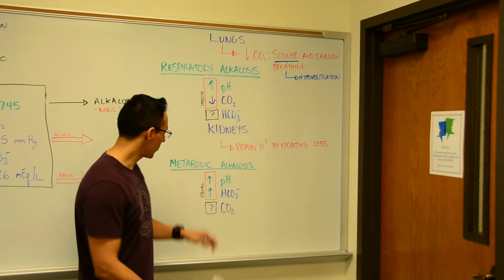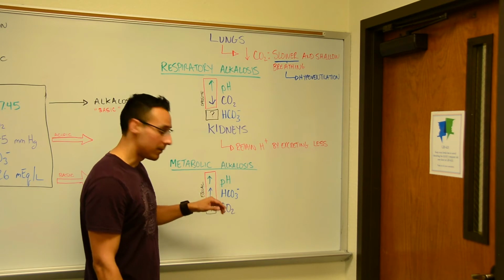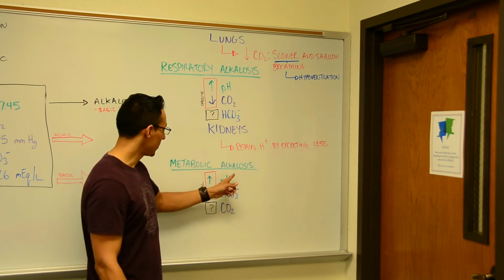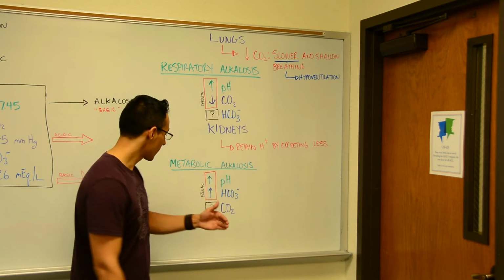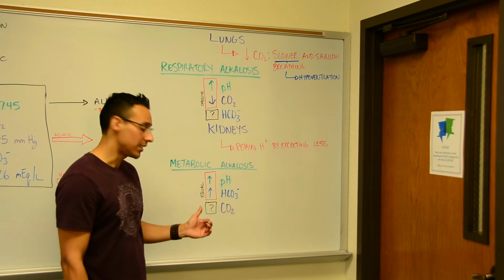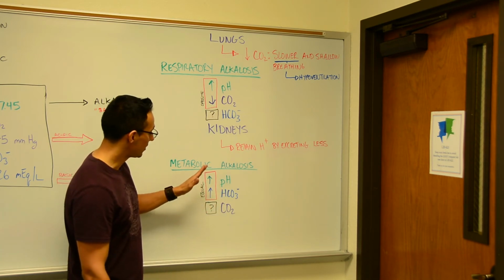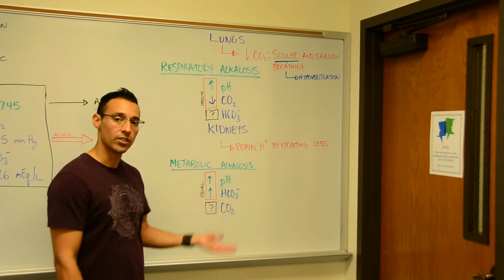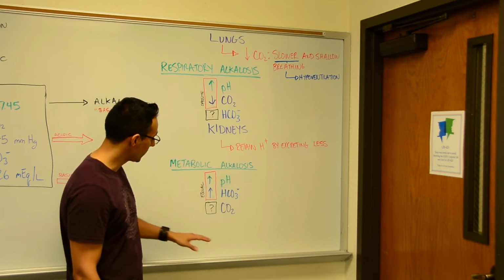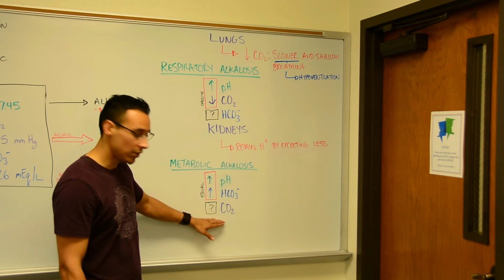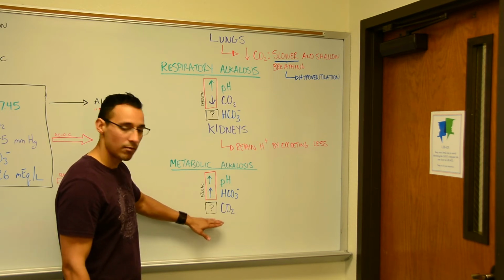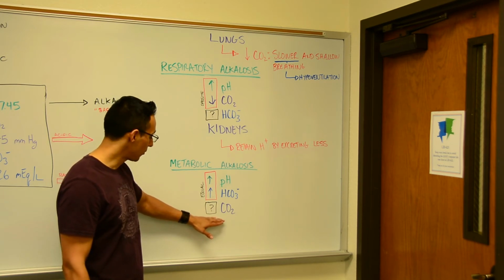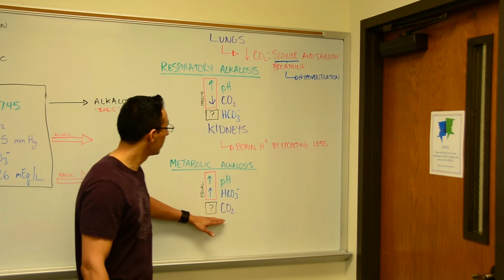So for your pH, on metabolic alkalosis, you're going to have an increase in pH. You're also going to have an increase in your bicarb because metabolic is equal, and these two arrows are going to go up. They're going the same direction. And again, your CO2 is going to be a question mark because that's primarily for your compensation.